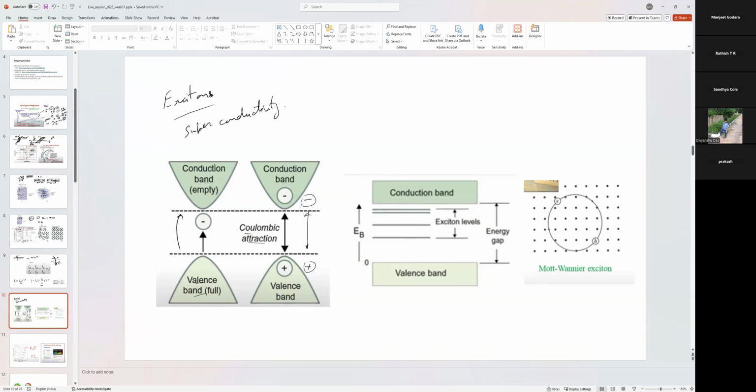So if this was the energy gap, and there was no interaction between this hole, H plus, and the electron, this is the energy you would need to give, equal to the band gap, to separate them. However, if there is a Coulombic attraction between these two, since they're close by, some of that energy is compensated.